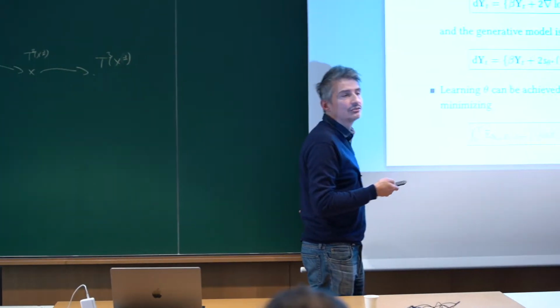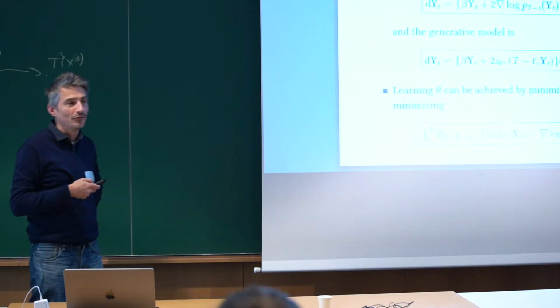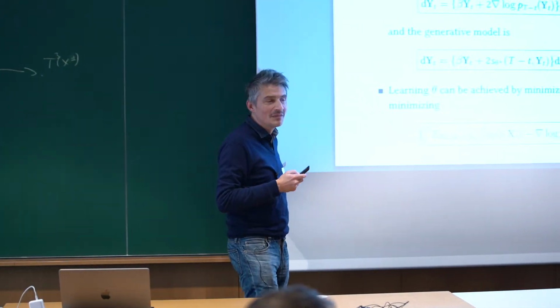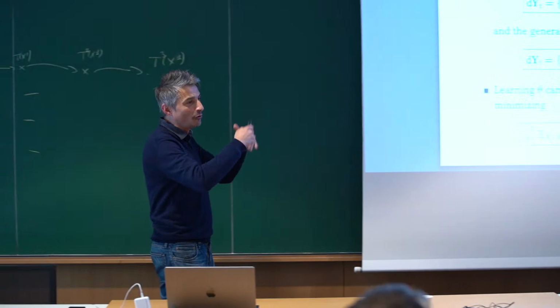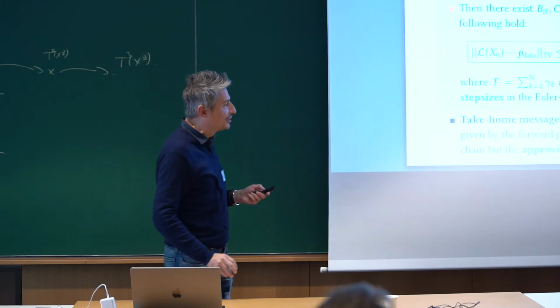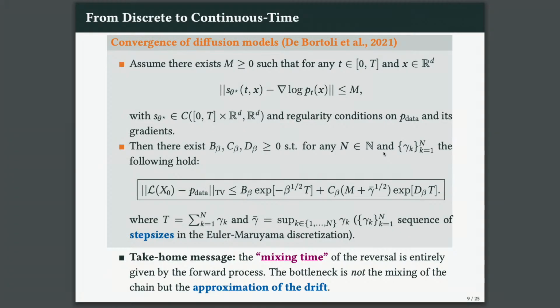You could say that's a bit strange because I've done a bit of Langevin, nothing as much as Alain, but a bit, and I know that shouldn't really mix very well for complicated multi-modal targets. So why is it the case? And this is a gross oversimplification of what's really going on. But it is the case because the time reversal you're trying to approximate has itself extremely good mixing properties, because it inherits the mixing property of the Ornstein-Uhlenbeck process. So somehow we don't have any mixing problem. That is actually quite nice about it.